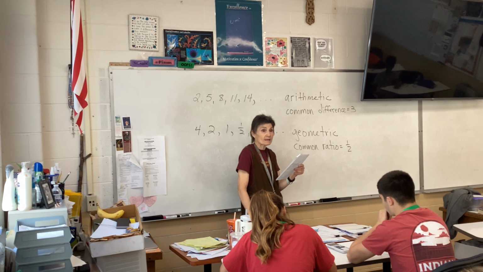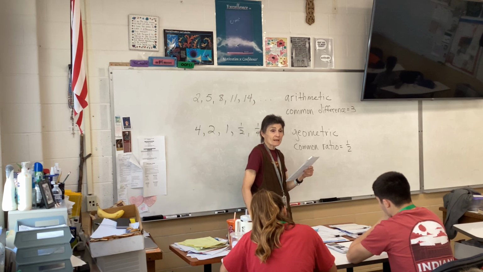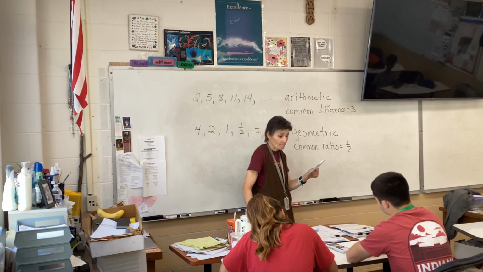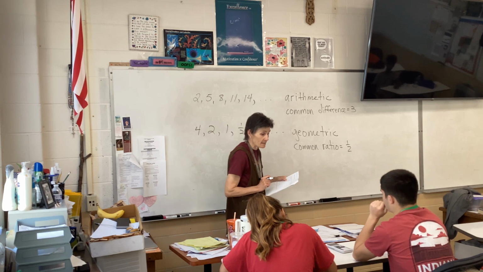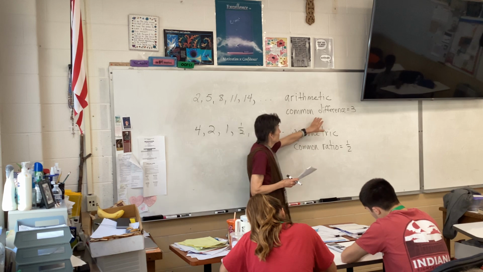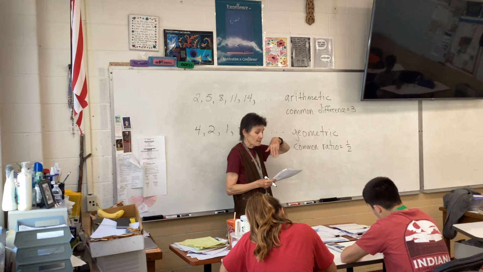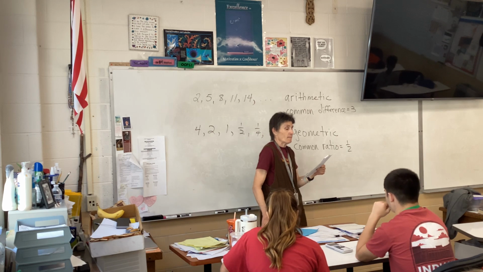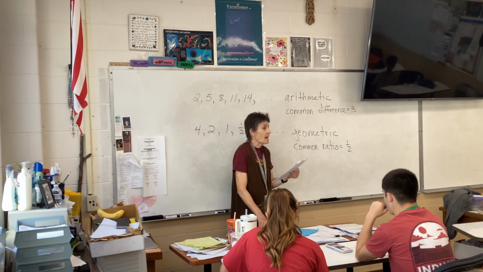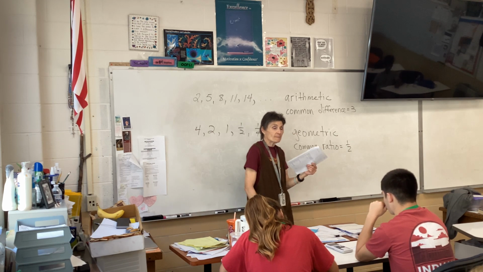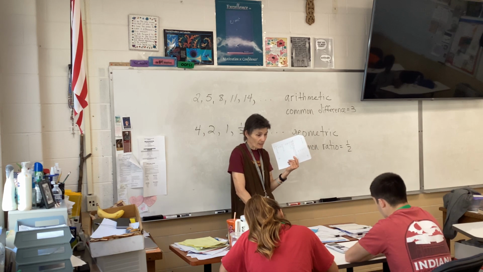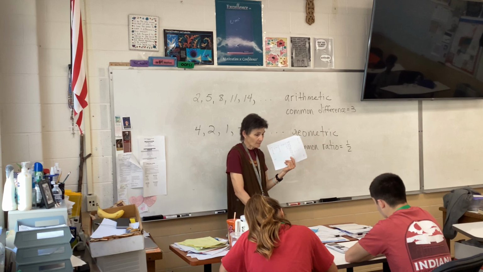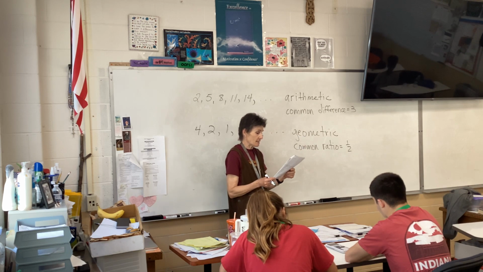We're adding 10, aren't we? So what does that make this kind of sequence? If we're adding 10, it's arithmetic, and for arithmetic we'll use a d. The difference is 10. All right, how about C? Adding 8. So that means it is what kind? Arithmetic, and d, the common difference, is 8.